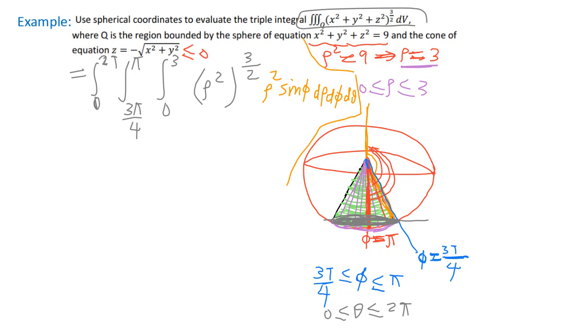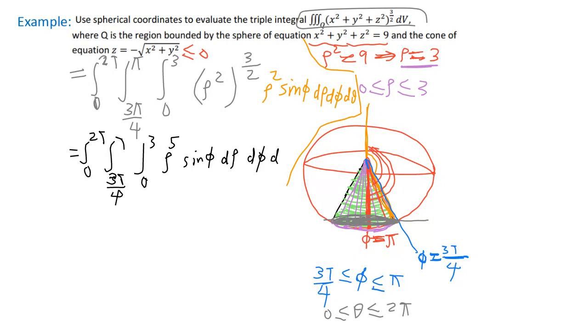Very good. So rho to the power 5. No need for sine, so sine outside. Thank you, Fatma. So rho to the power 6 over 6, you mean?